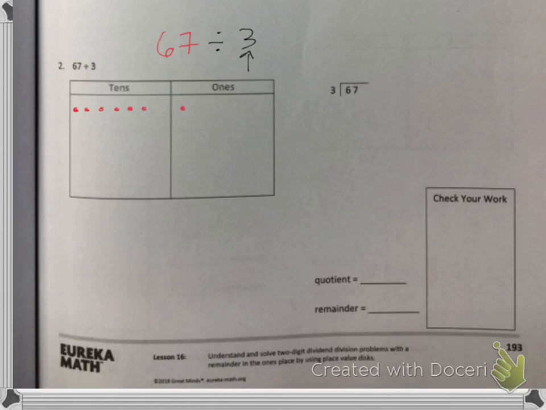And 7 ones. 1, 2, 3, 4, 5, 6, and 7. Now I'm going to make this bracket here so that we can understand that, hey, this is what we're starting with here. And I'm going to shade this in, and we are going to make our groups of 3. So 1 and 2, 3. Perfect, right? 1, 2, and 3.